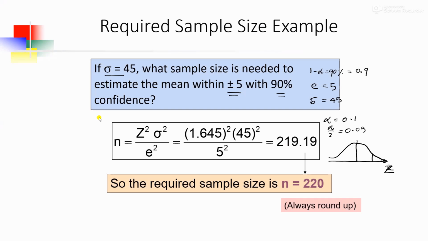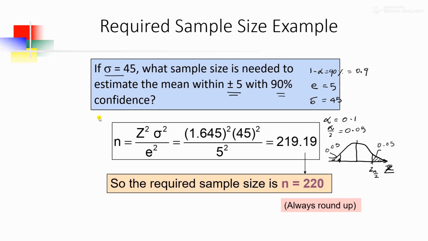Now this is 0.5, 0.05. Now this value we have to get, Z alpha by 2 value.